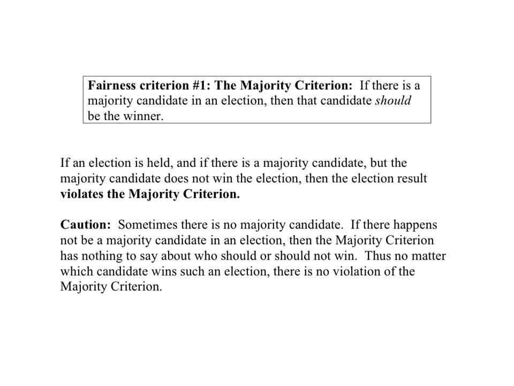So no matter which candidate wins an election where there was no majority candidate in the first place, there's no violation of the majority criterion. So advocates of the majority criterion, people who have that viewpoint on what counts as fair or unfair, could only possibly get angry if there was a majority candidate in the first place and that candidate lost.